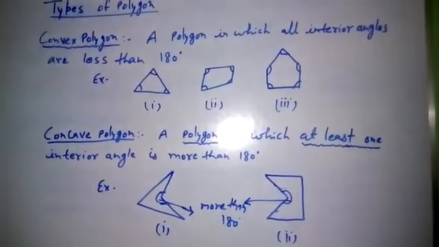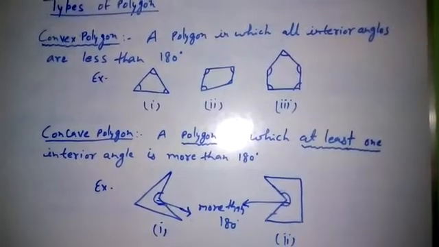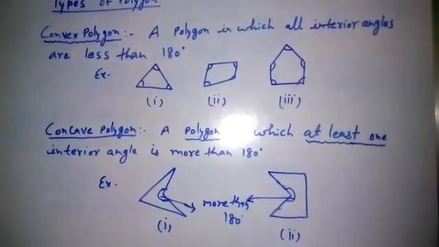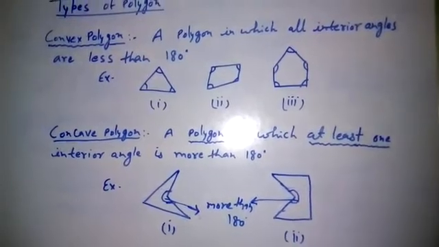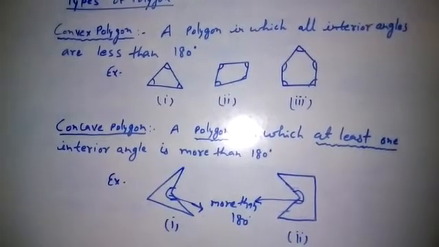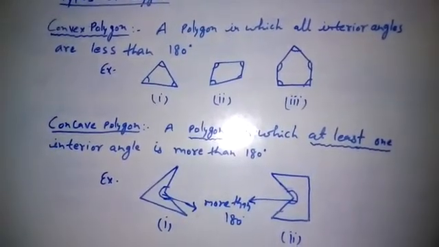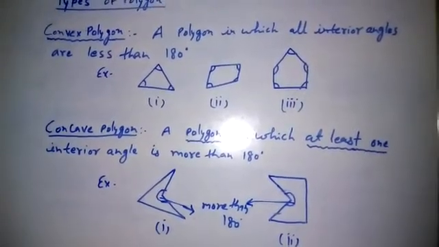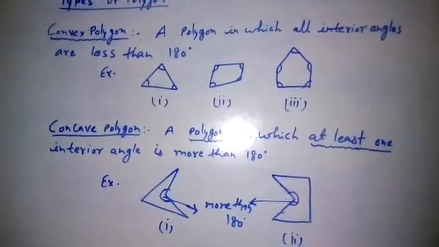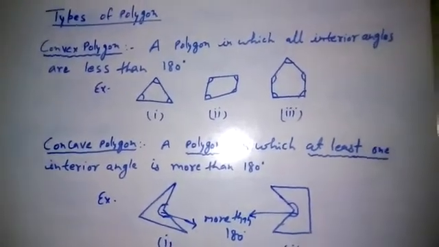This is called a concave polygon. We identify concave very easily: if it has a cave side, then it is a concave polygon. So this is the difference between convex and concave. Convex means all angles are less than 180 degrees. Concave means at least one angle is more than 180 degrees.